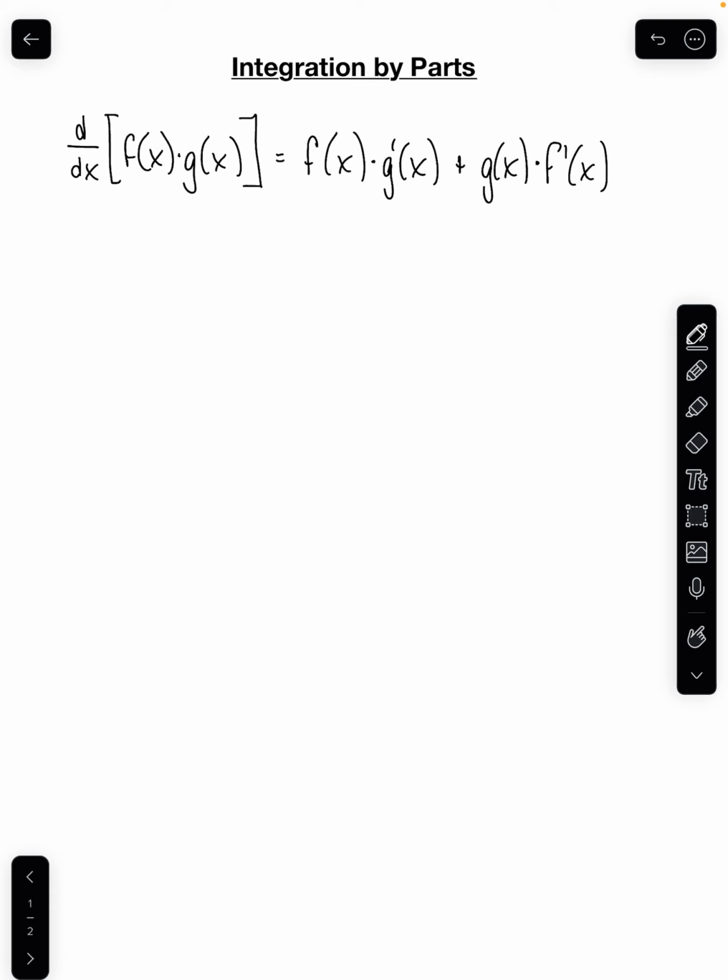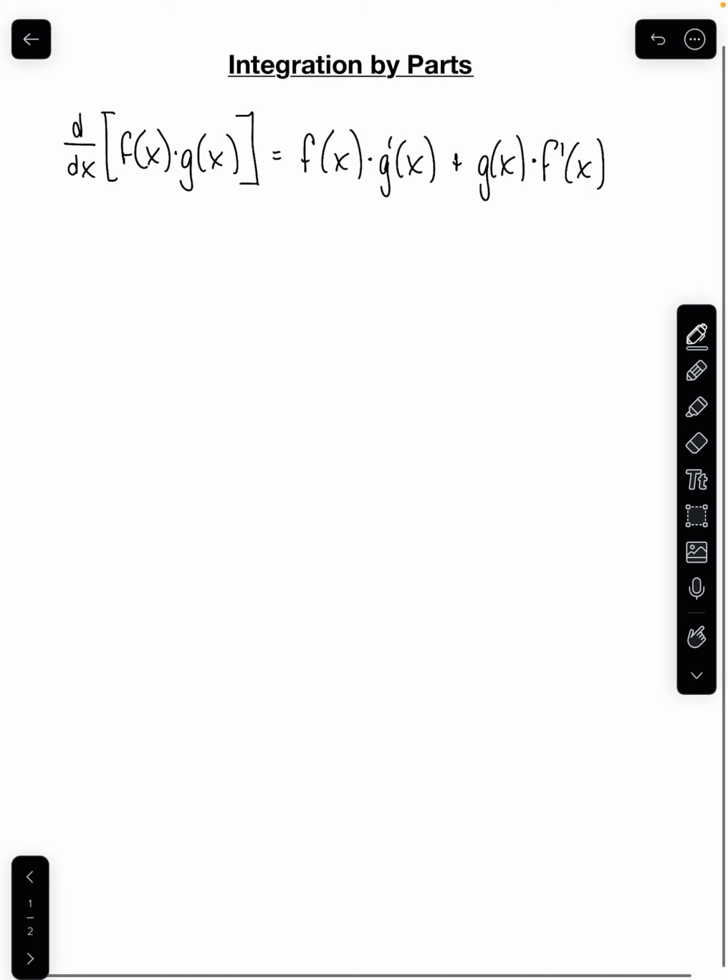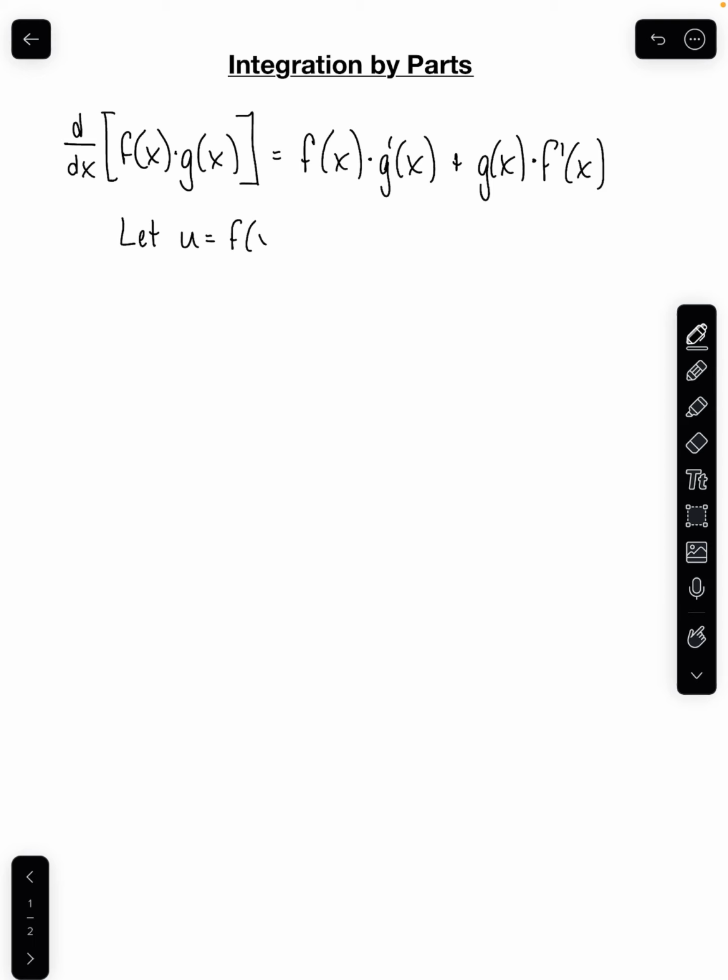Now, before we do that, we're going to do a couple of things here that are going to make our notation a little bit easier. We're going to replace the function notation f of x with u, which will also, in turn, allow us to rewrite f prime of x as du over dx. We can do a similar thing with g of x and g prime using the letter v.